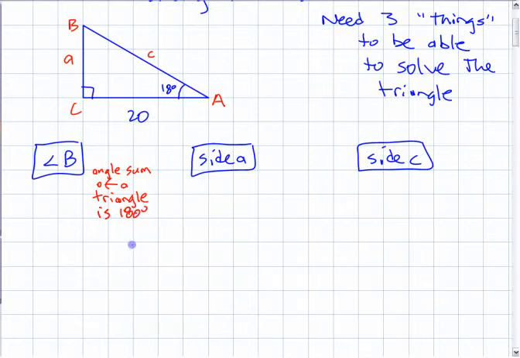So if you know that the whole thing adds up to 180 degrees, we can find angle B by just subtracting, right? 180 minus this, which is how much? 90, minus the other 2, minus 18. And that gives you what? 72 or something?